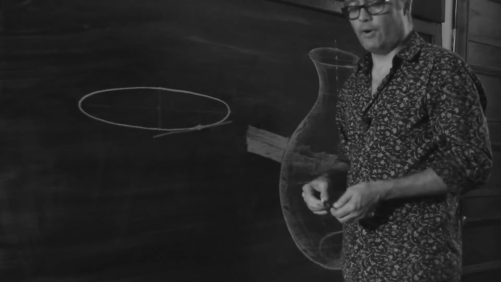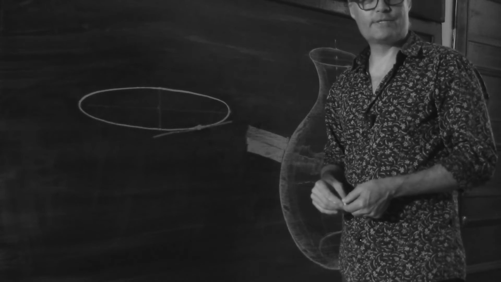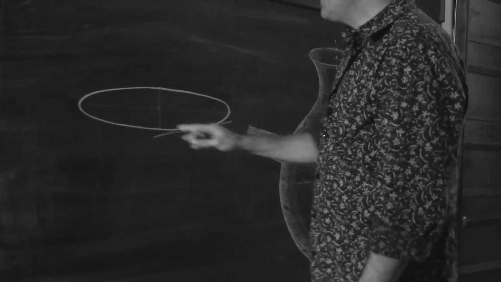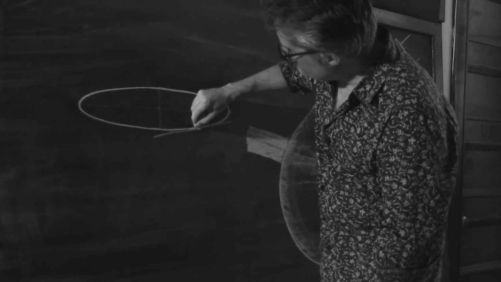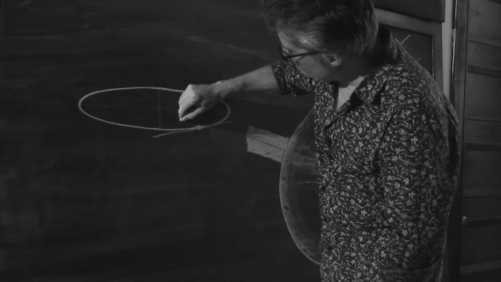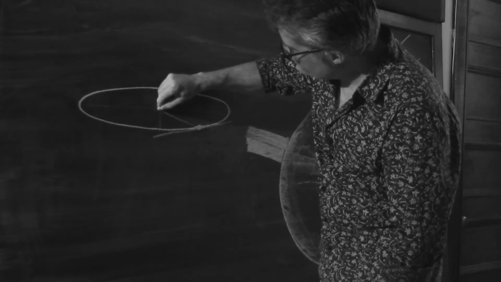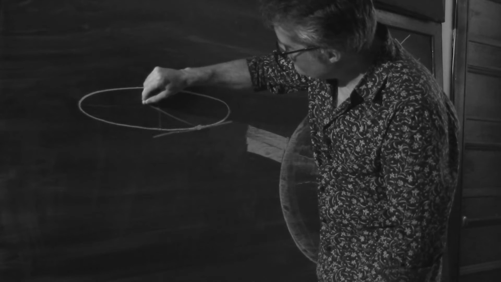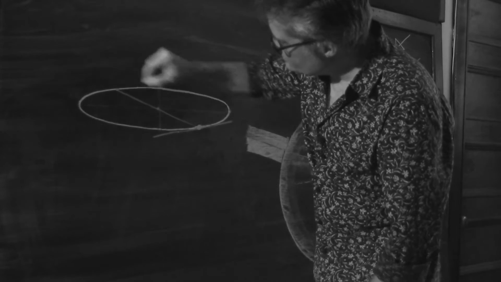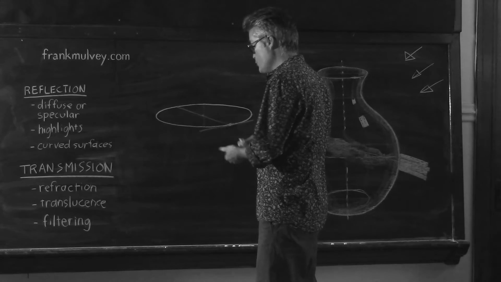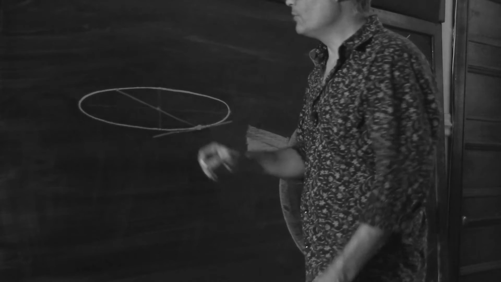Well, there's another part of that ellipse that has the same tangent, and it's located exactly on the opposite side. If I draw a line connecting that highlight through the center of this ellipse, and I continue that line to the other side, where that line intersects is where a twin highlight will be found.